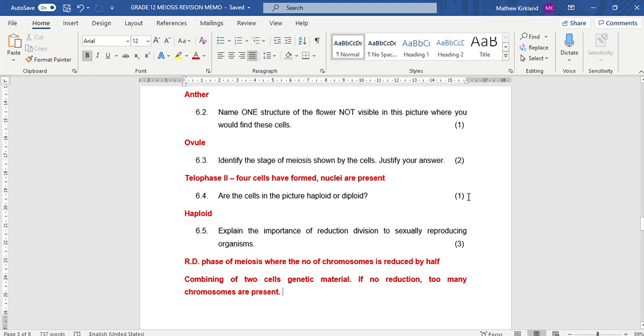So we have the combining of 2 cells because we are sexually reproducing. Therefore, if we didn't reduce it, we would have too many chromosomes. So the reduction division ensures the correct number of chromosomes. The 1 mark is for telling me what reduction division is, and the 2 mark explanation is as to why that is important for a sexually reproducing organism.